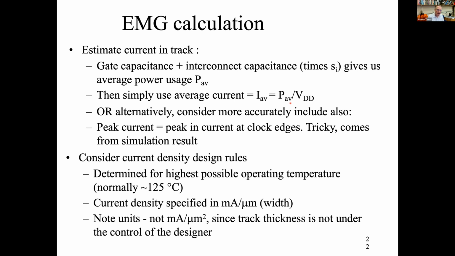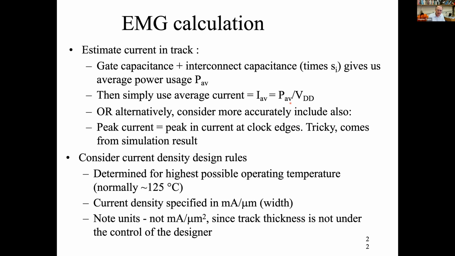So there are going to be some design rules. We need to think about the highest possible operating temperatures, which is normally about 125 centigrade. We generally end up with a rule of thumb which says you can have a certain amount of current per width of track. Now, in principle, you might say, well, it should be current per unit area of the cross section, because that's what gives you the resistance and resistivity.